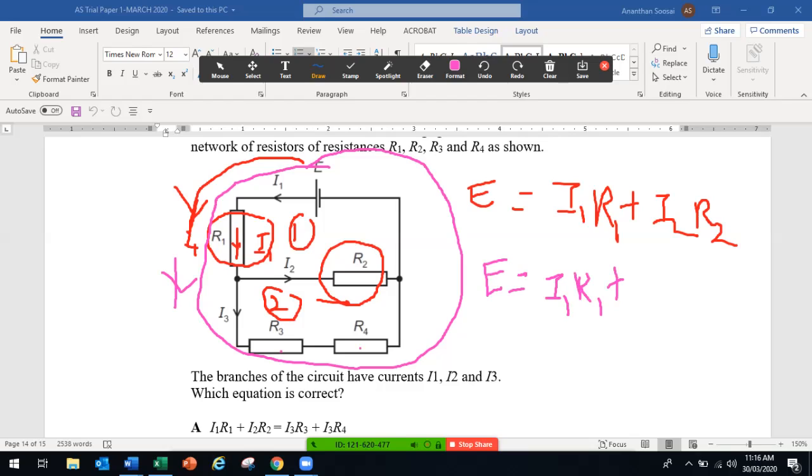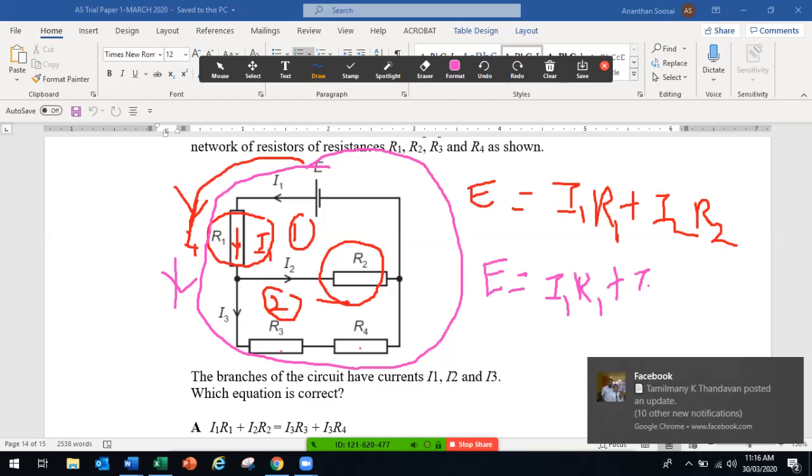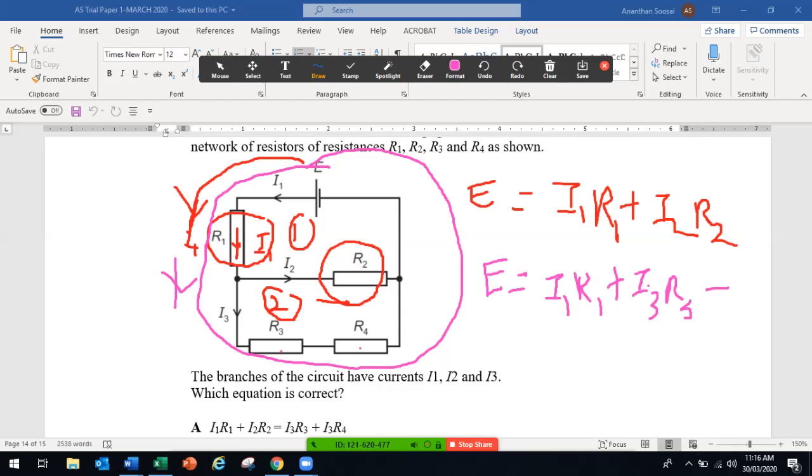And here I3 R3, then I3 R4. Just subtract both and you get 0. Yeah, both get 0. Correct. Thanks, Joe.